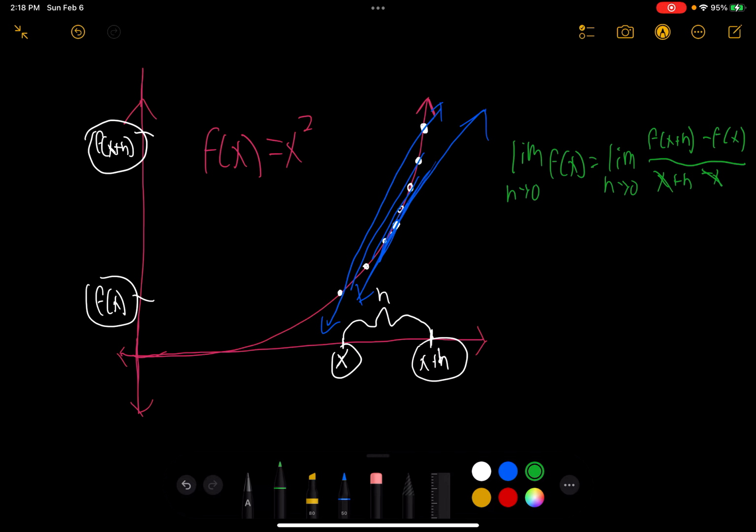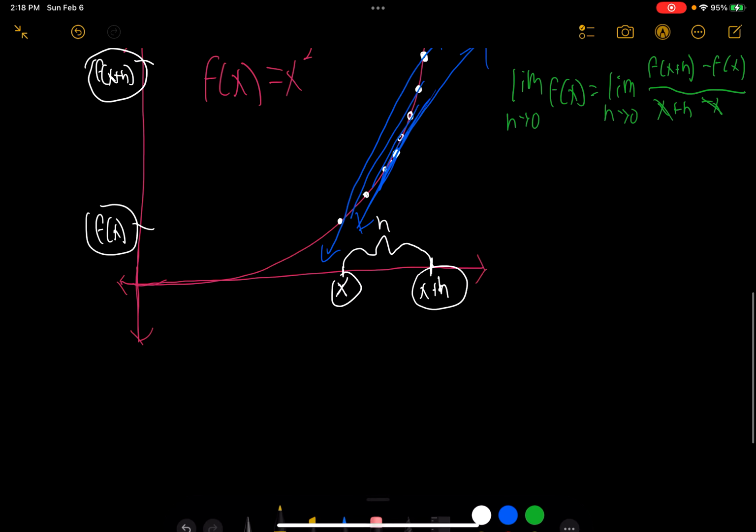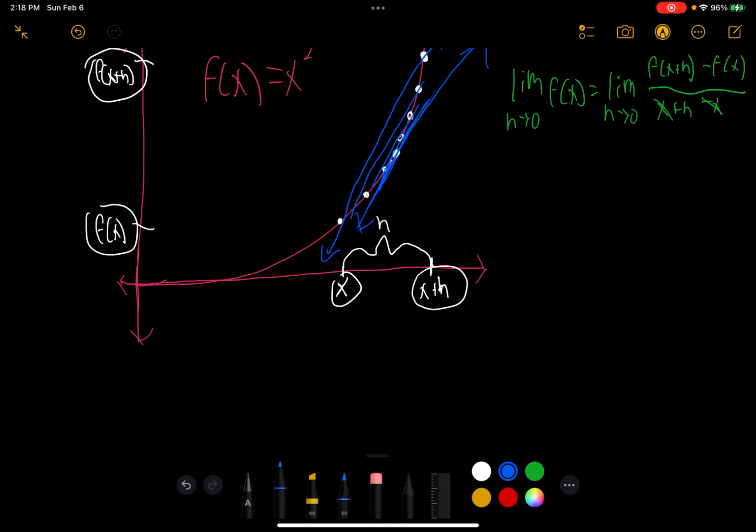So now that we have established that, let's say we want to find the gradient at this mysterious point when x is 2. Well, okay then. Let's find it using the equation we have just created. I'm just going to scroll down a little bit. I'm going to use a different color.